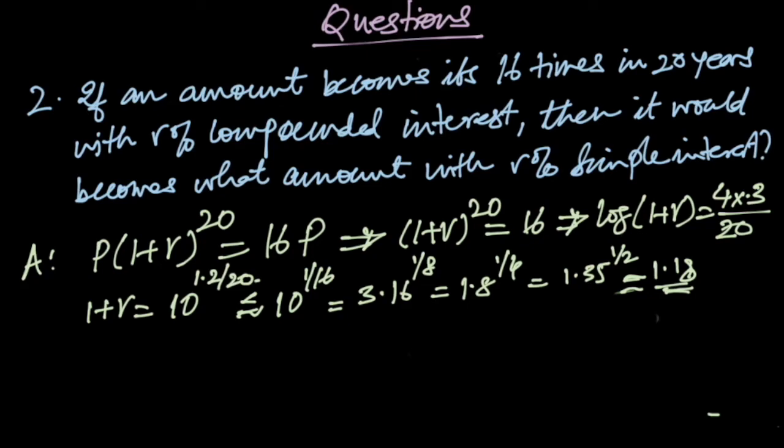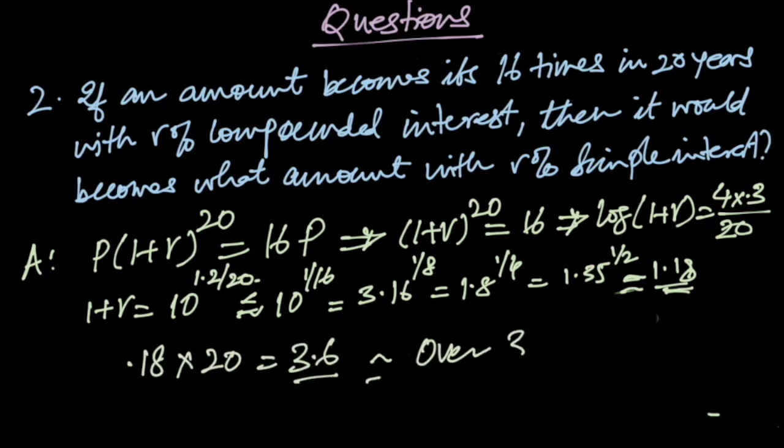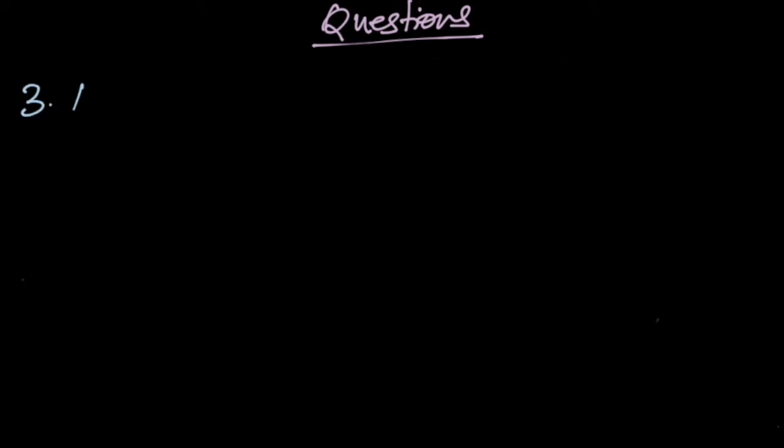So R is roughly 18%. So if we do it over 20 years as a simple interest, then interest becomes close to 3.6 times of the original principal amount.